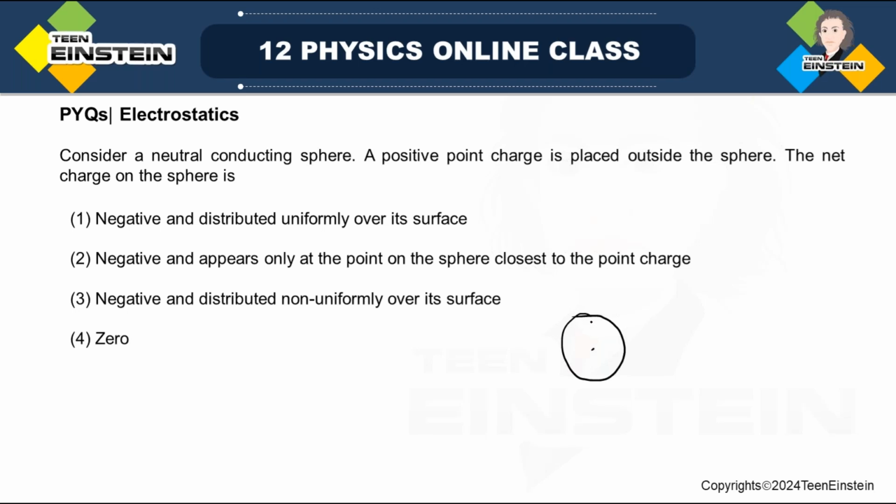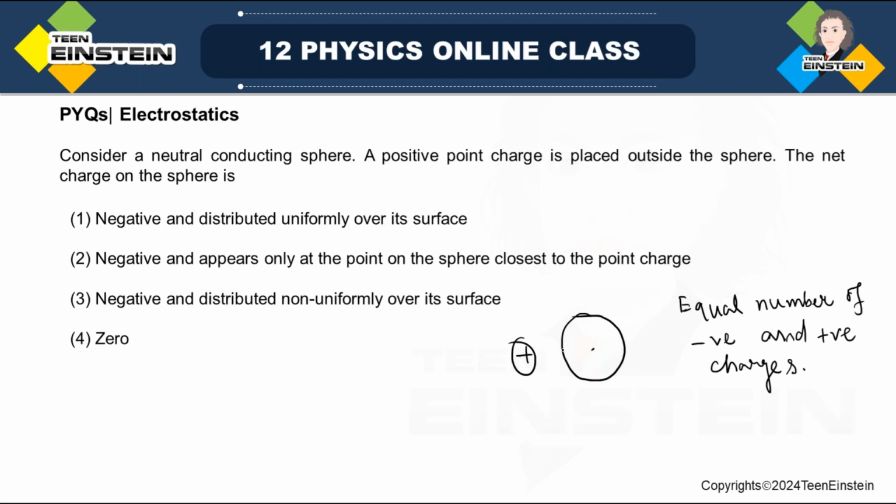Any neutral body will have an equal number of negative and positive charges. First of all, equal number of negative and positive charges. So when you bring a positive charge over here, you know what will happen?